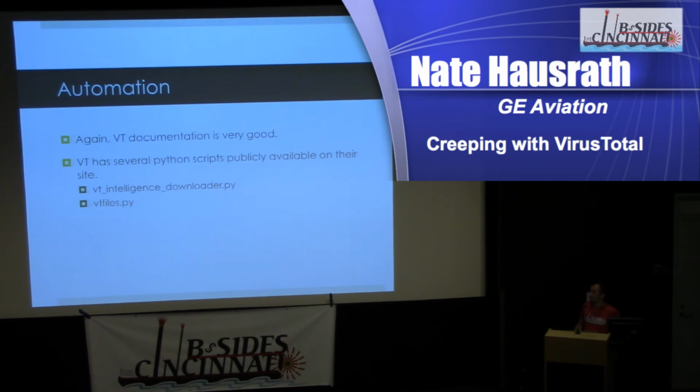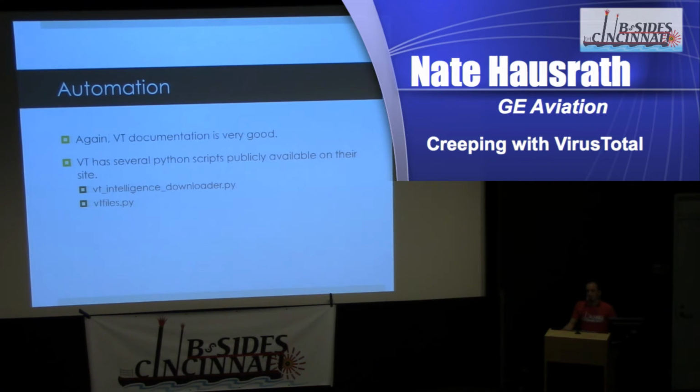So VirusTotal has a very nice API that you can leverage to automate a lot of these tasks and pull down a lot of the information. On the API front, they have a lot of great documentation. They even provide specific Python examples.